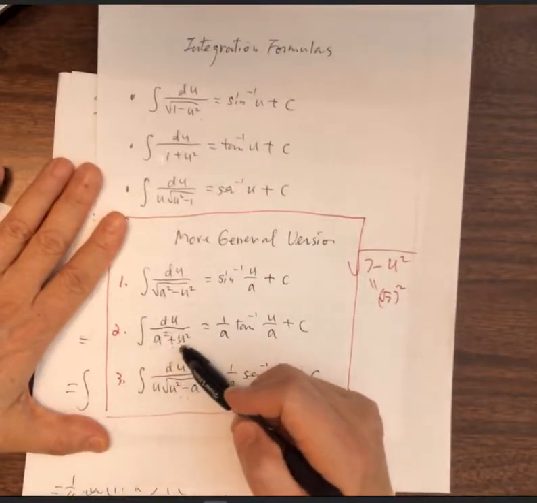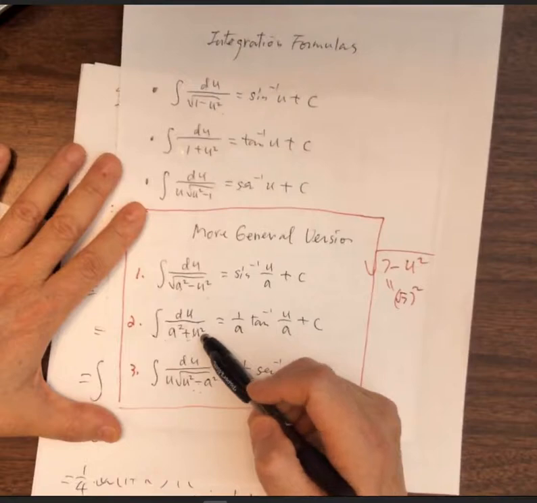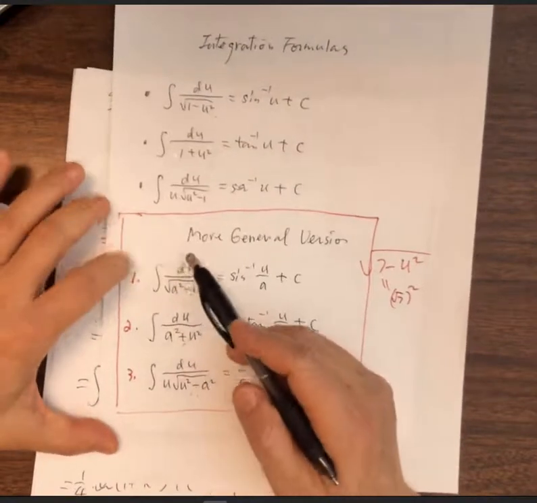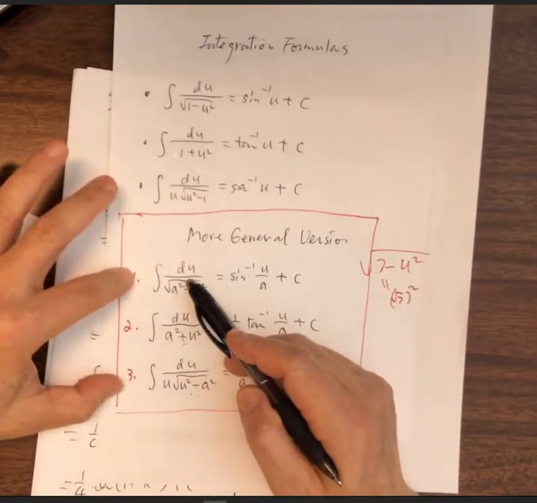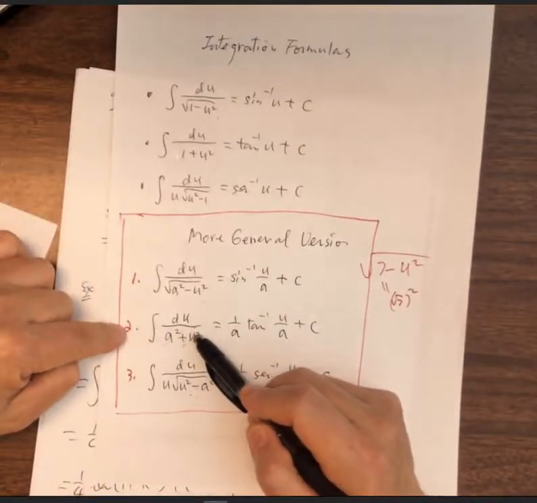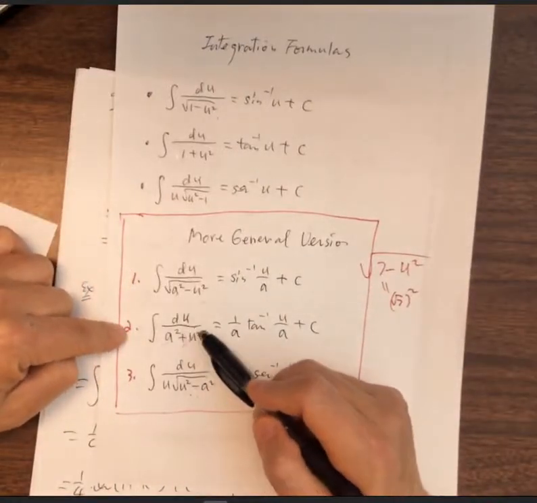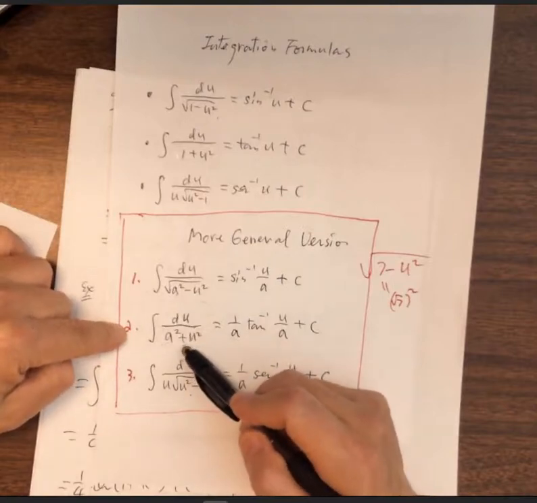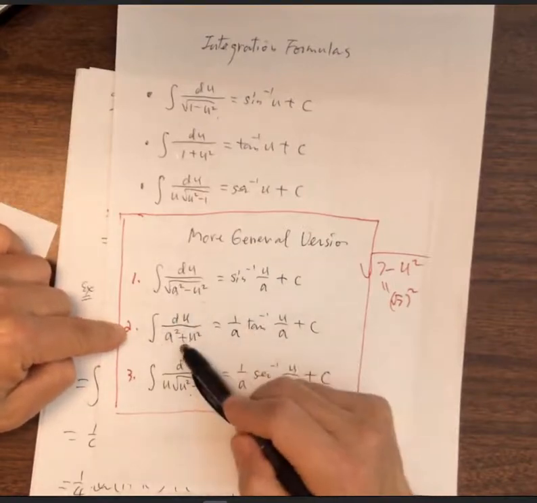first check and see if there's a radical in the denominator. With the radical, it's probably first or third. Without the radical, probably second. Without the radical, if it's a plus, of course you do that.